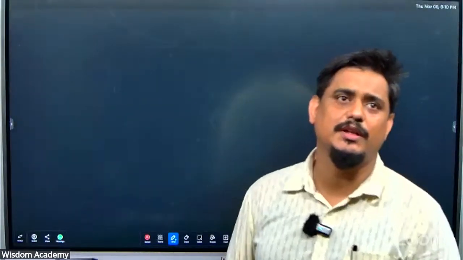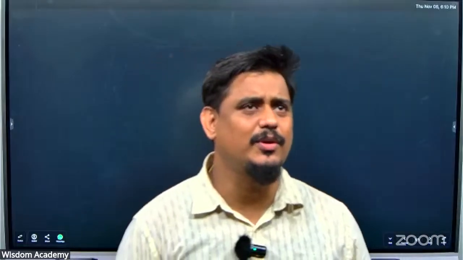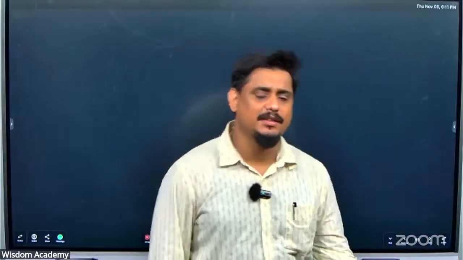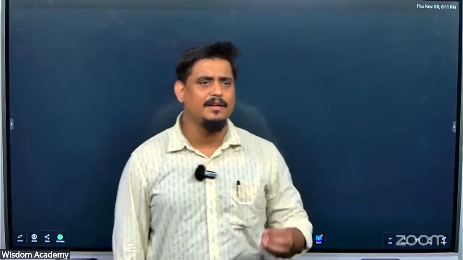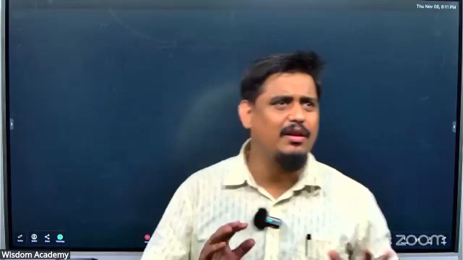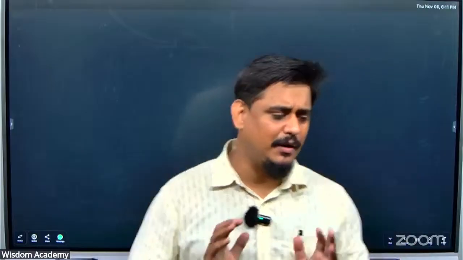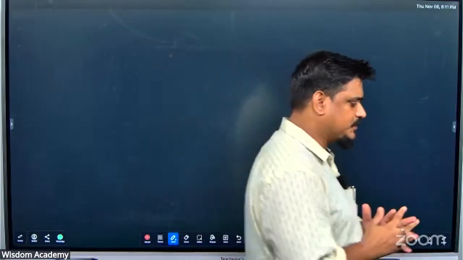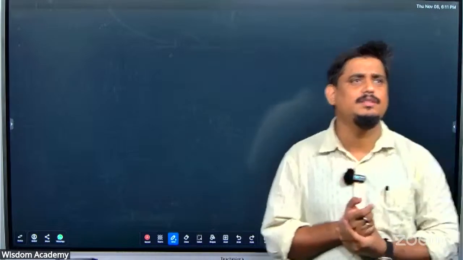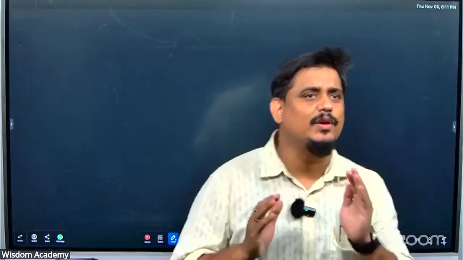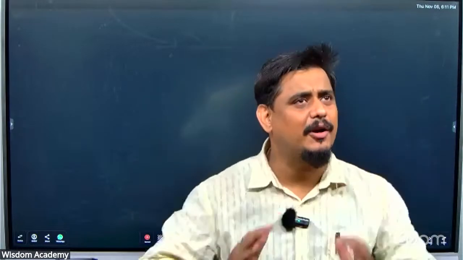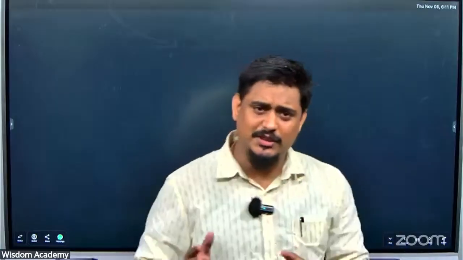So let us start today's class. Today we are going to continue from where we left in the previous class. In the previous class, we started learning about nuclei. I'll just recall in short what I taught. The first thing was, what is a nucleus? It is a central part of the atom, which is positively charged.